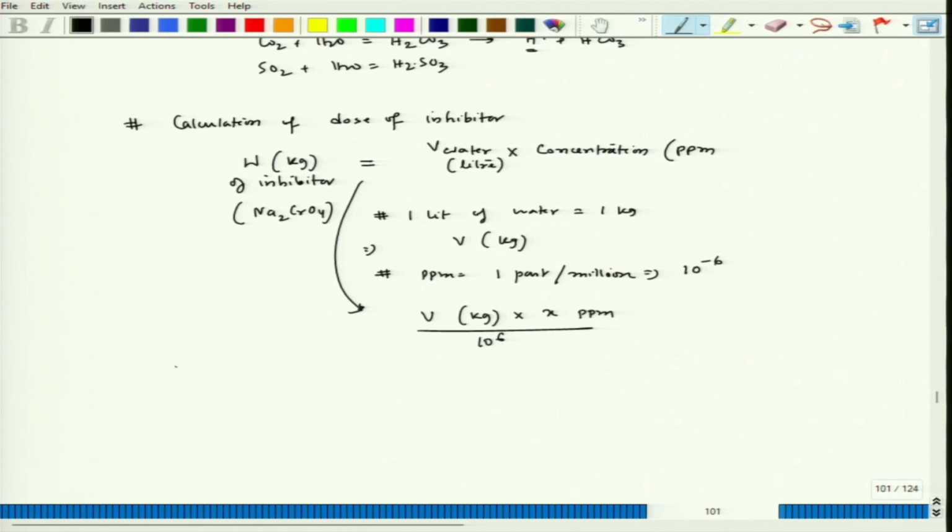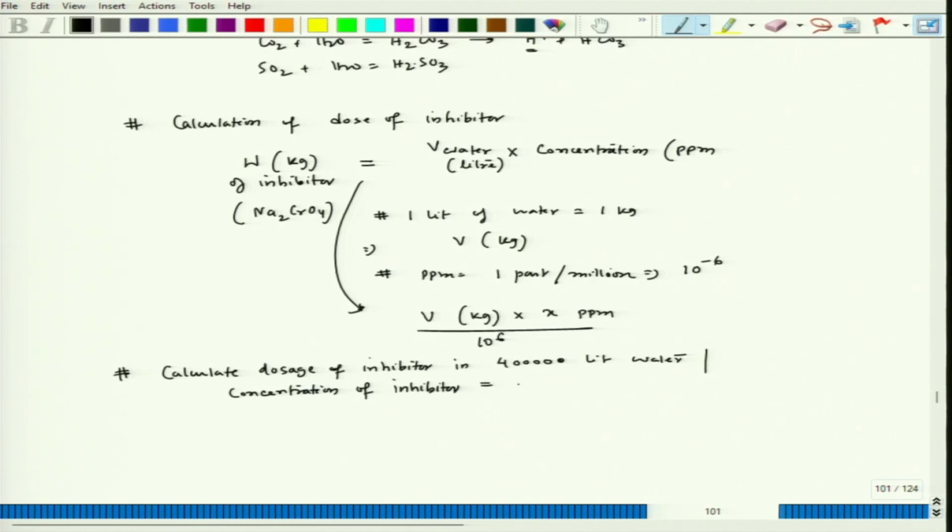So, for example, if anyone wants to calculate, let us say, dosage of inhibitor in let us say 4 lakh liter water, and that concentration to be maintained is, let us say 10 ppm.